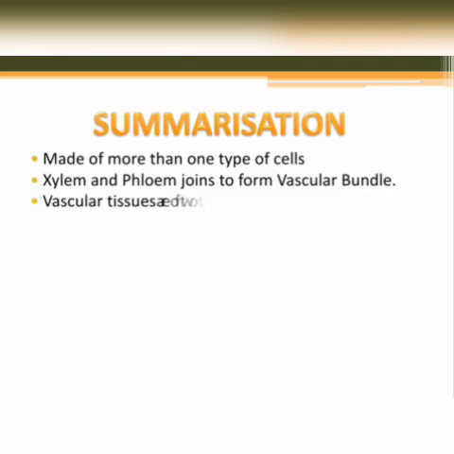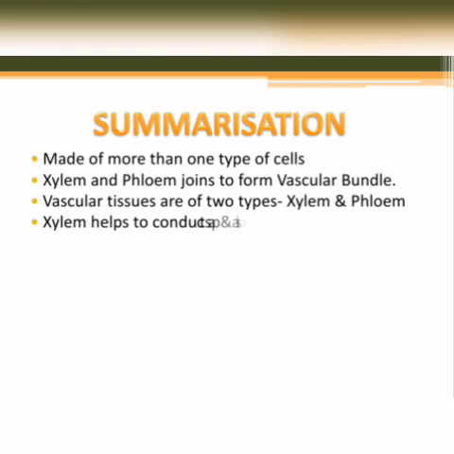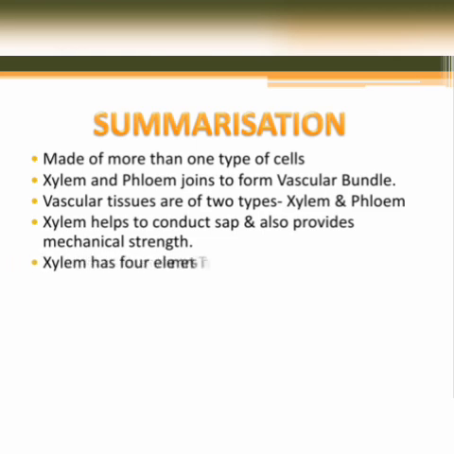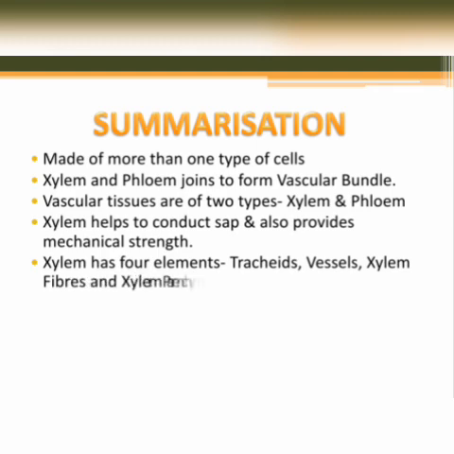Vascular tissues are of two types, xylem and phloem. Xylem helps to conduct mineral salts as well as water, which is the sap, and also provides mechanical strength. Xylem has four elements: tracheids, vessels, xylem fibers, and xylem parenchyma.